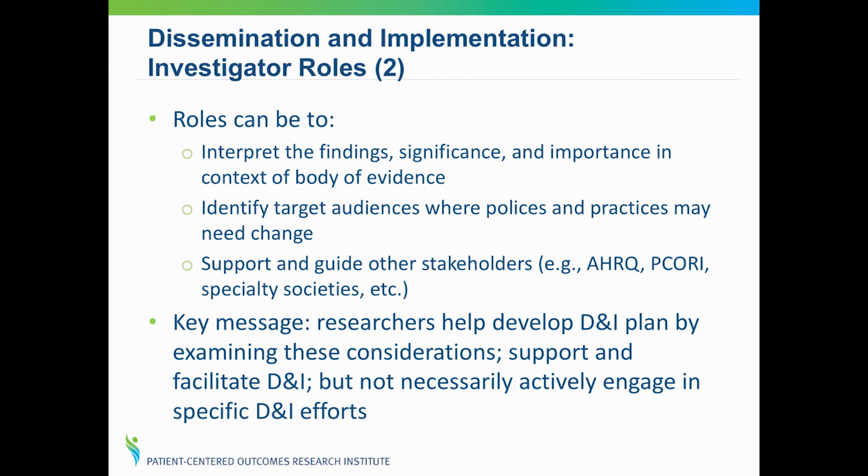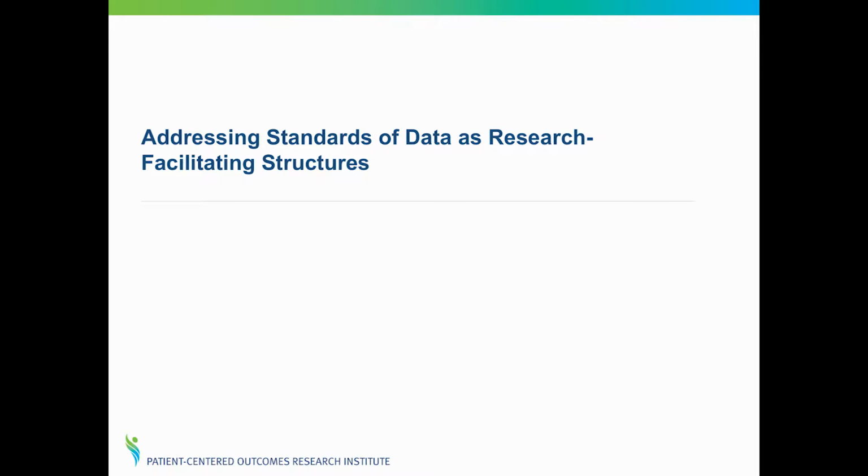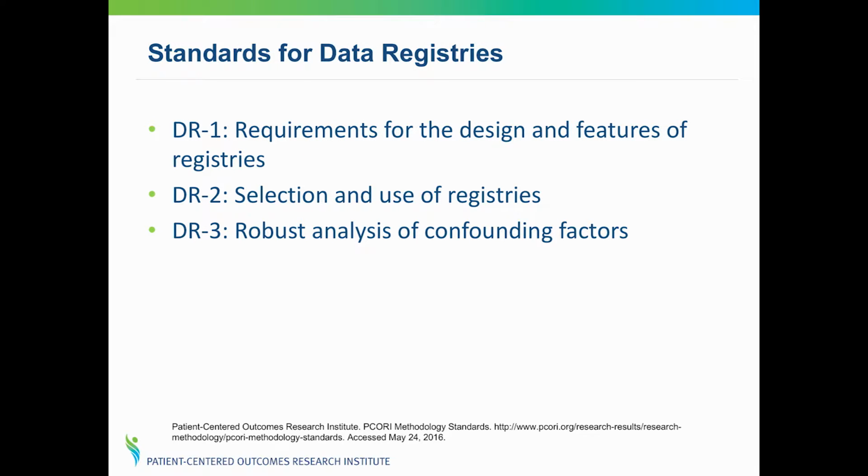Thank you very much. We now turn to questions about the standards for data registries and data networks. The text of these standards is too long to fit on a slide, so I've given you the outline. For the standards for data registries, there are 3 standards.